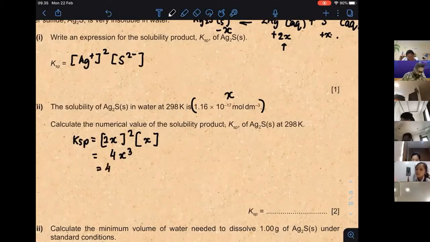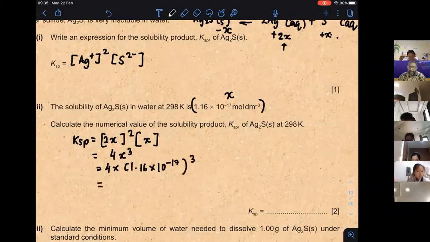So 4 times 1.16 times 10 to the power of negative 17, to the power of 3, and you will get the answer. Let me calculate also. You guys also calculate.